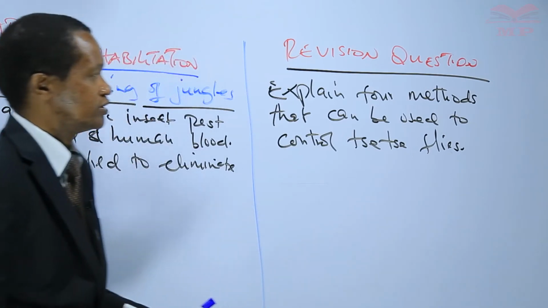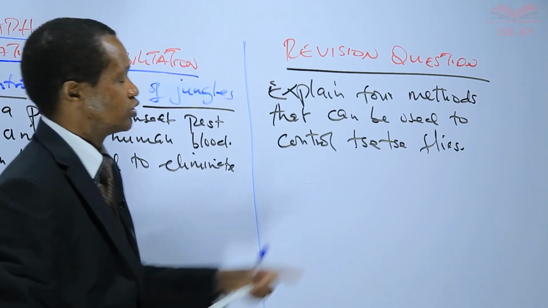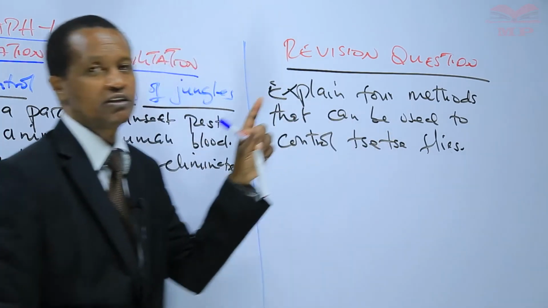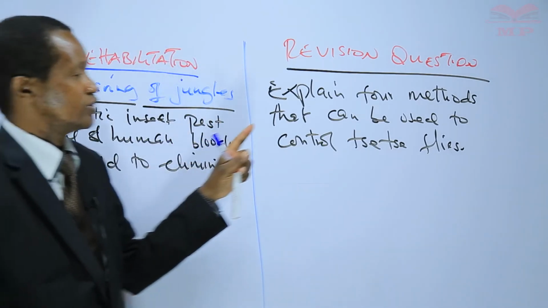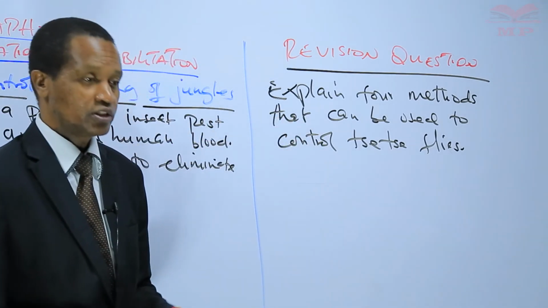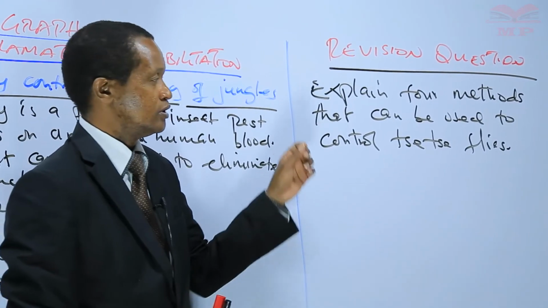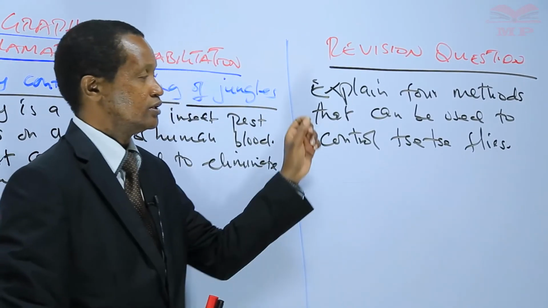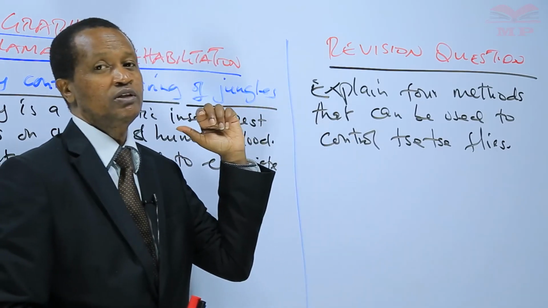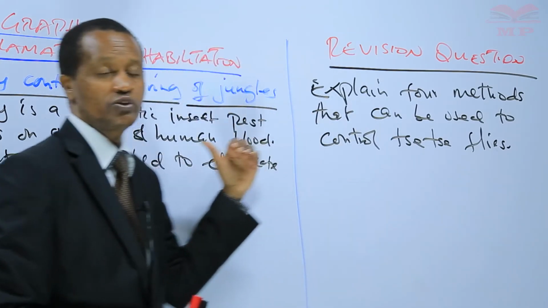Explain 4 methods that can be used to control flies. Learners, when answering the question, make sure you don't copy directly from your exercise book. Close the exercise book, then answer the question. After you've answered the question, you can now refer to the notes.